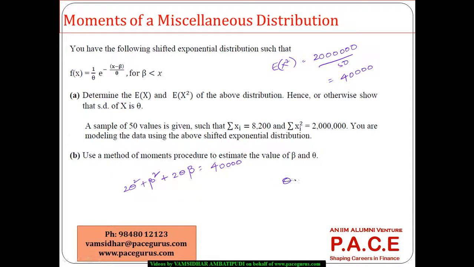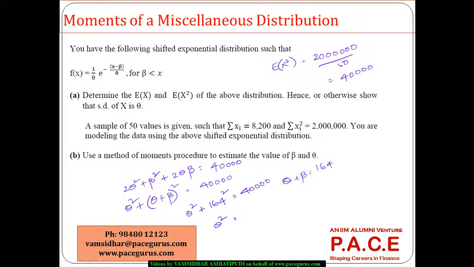And we have got theta plus beta equal to 164. Probably I can write theta squared plus beta squared plus 2 theta beta as theta plus beta whole squared, equal to 40,000. Now from here, theta plus beta is 164, so 164 squared equals 40,000.